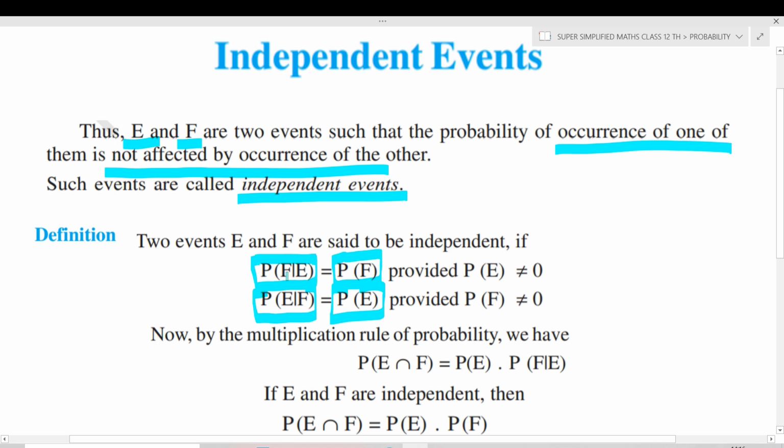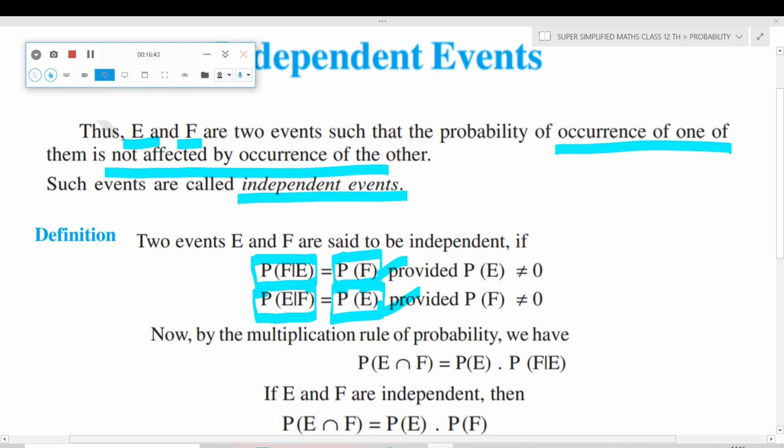So F occurs after E or individually, it has the same probability. E occurs after F or individually, it has the same probability. If this happens, then we say events E and F are independent.